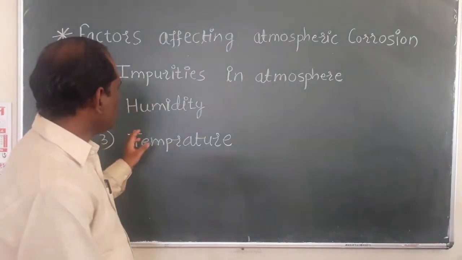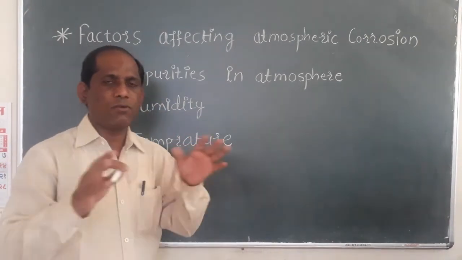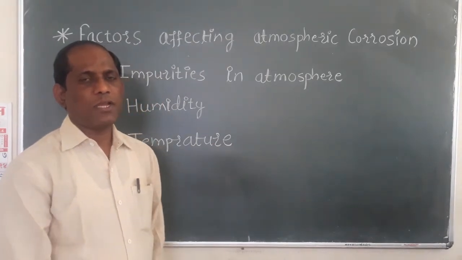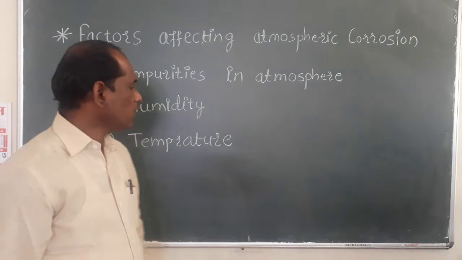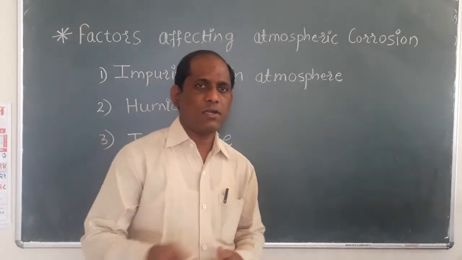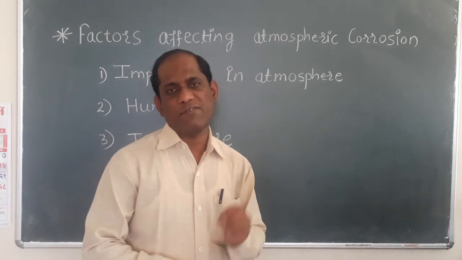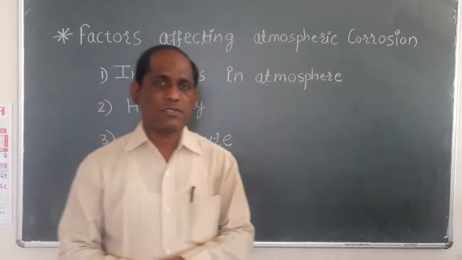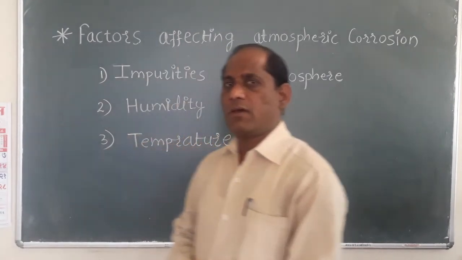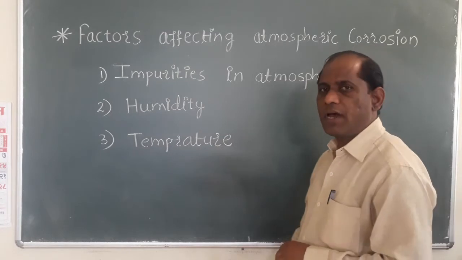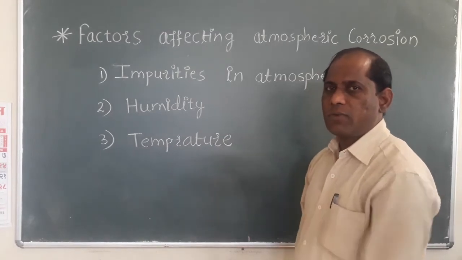The second is the humidity of the environment or atmosphere and how it affects the rate of atmospheric corrosion. The third is temperature, that is, how an increase or decrease in temperature affects the rate of atmospheric corrosion. At first we will study impurities in the atmosphere and how they affect the rate of atmospheric corrosion.